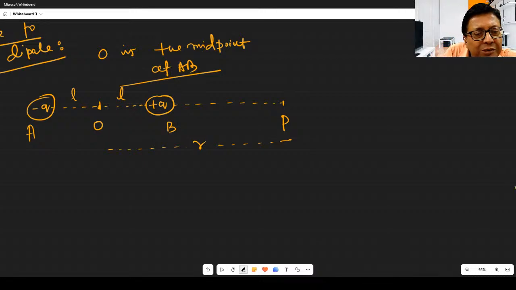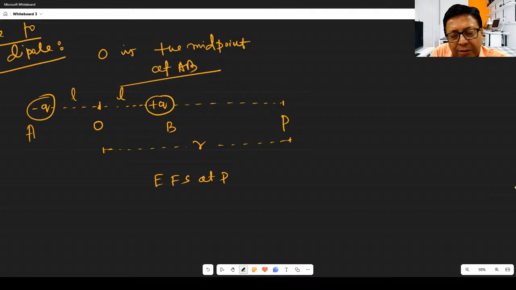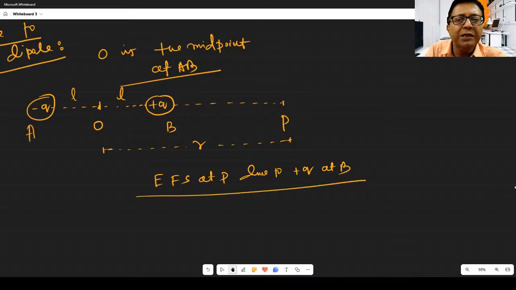So let us find EFS at P due to plus Q and minus Q. I am just telling you, I am taking the electric field EA due to the point charge at A. In what direction?